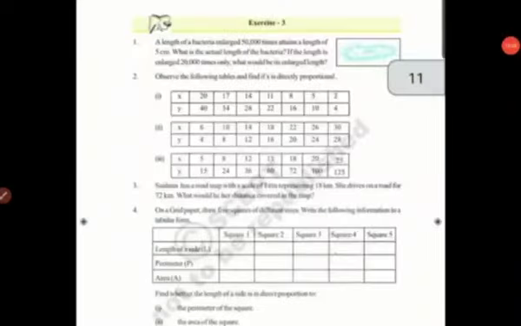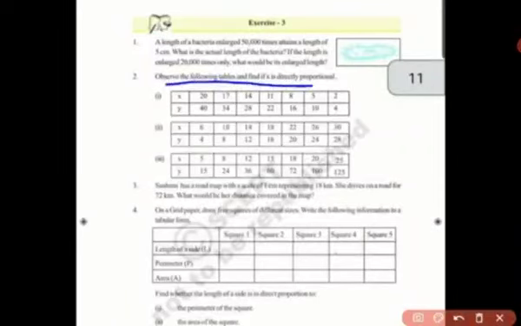Let me quickly show you the second problem as well. It's very easy. They are just asking us to observe the tables given down, and we need to find whether x is directly proportional to y or not. How do you find that? If you get the values in the same ratio in the table, then you will say they are directly proportional.